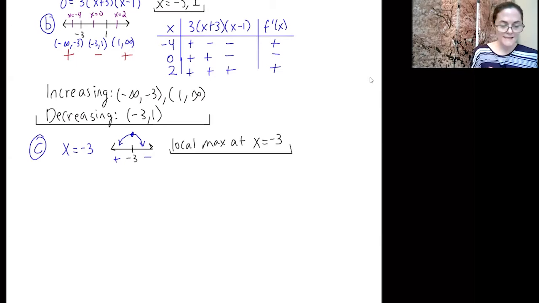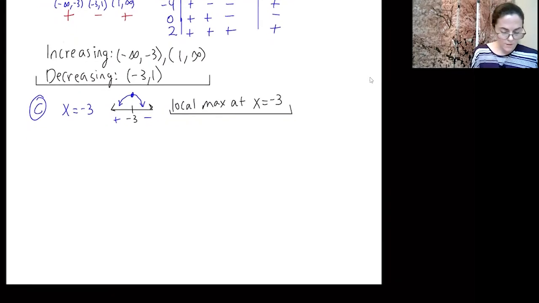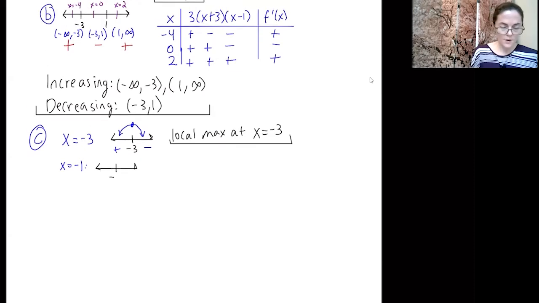And then we do the exact same thing for the other critical point, which is x equals 1. We draw, again, this is just what we calculated in B. At 1, what did we find?